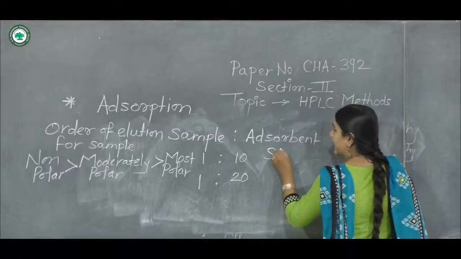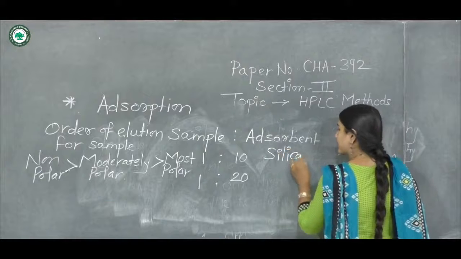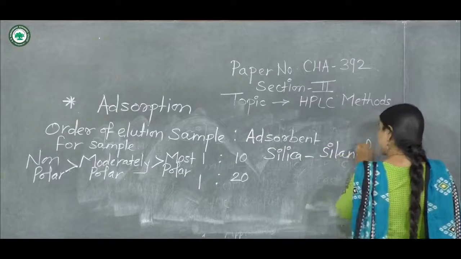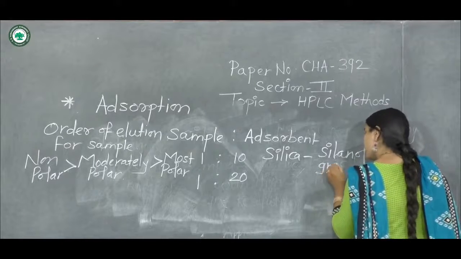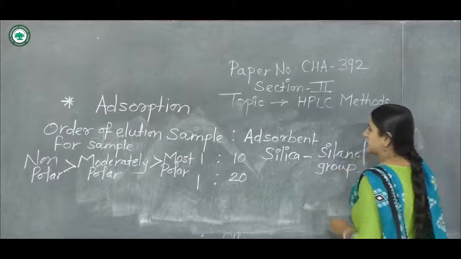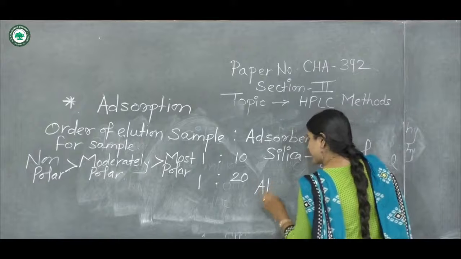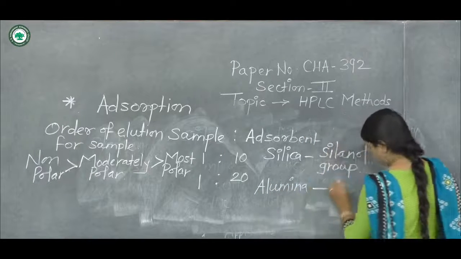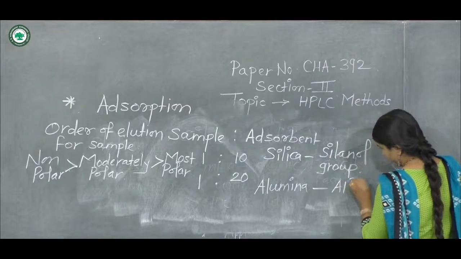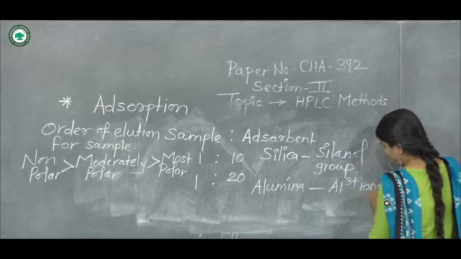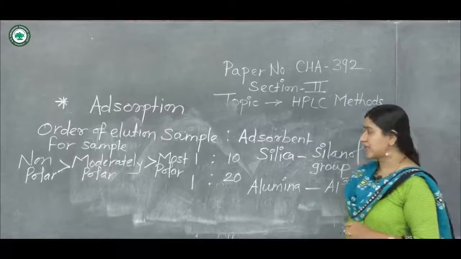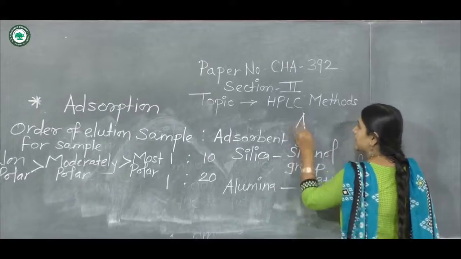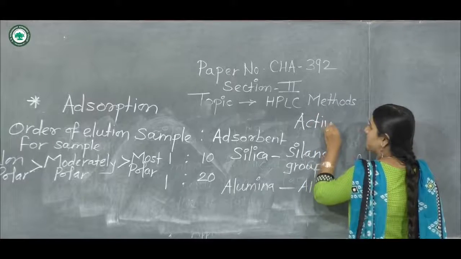So for silica, the silanol group, and for alumina, Al3+ ions. Both of these represent the active sites.